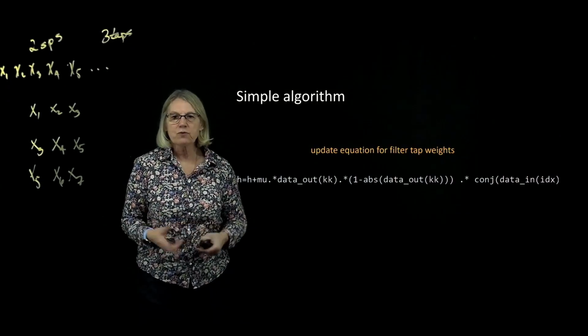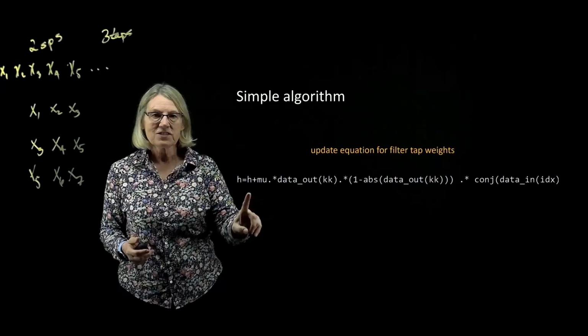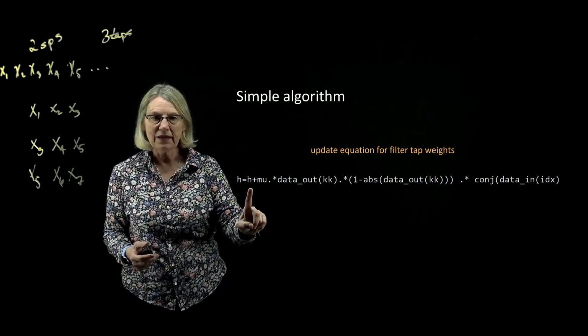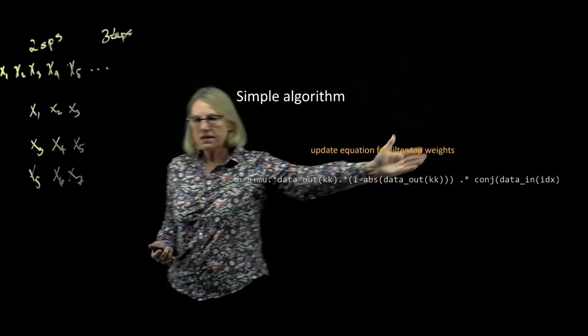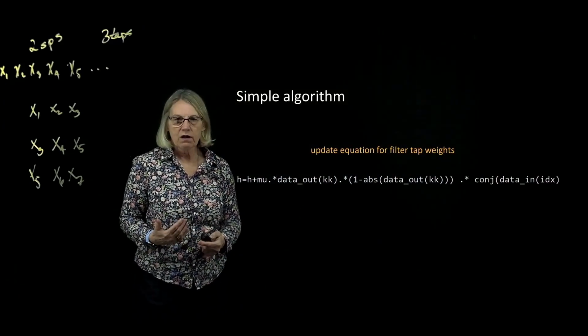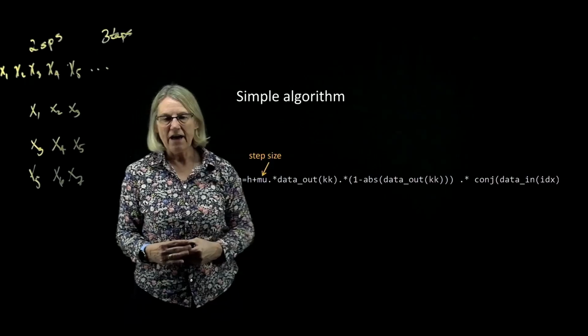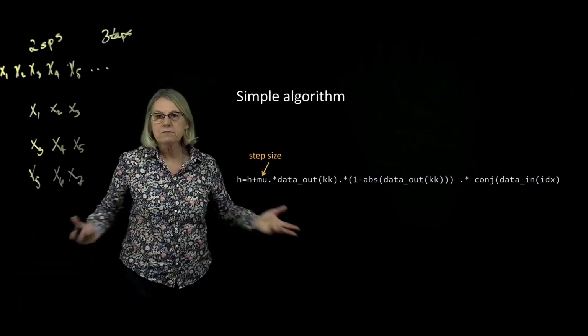So when it's time to update my tap weights, they are again updated once per symbol. And this is a classic adaptation for the tap weights. In this, we have the step size, and of course this is a little bit system dependent.